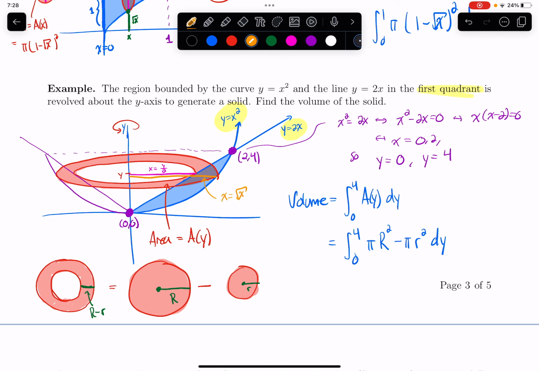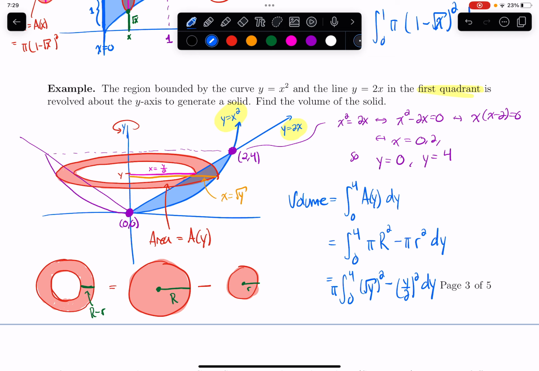That's just by taking these highlighted equations and then solving for the other variable. So here I'm going to end up getting the integral from 0 to 4 of, well, we can pull the pi out probably, of big R squared, which is the square root of y squared, minus little r, which is y over 2 squared. And then you can expand those and solve that.